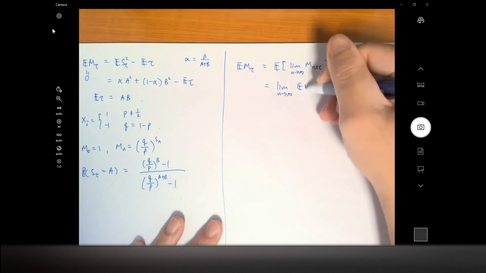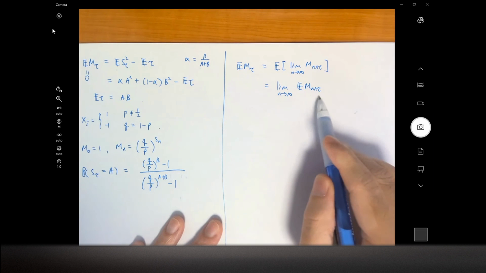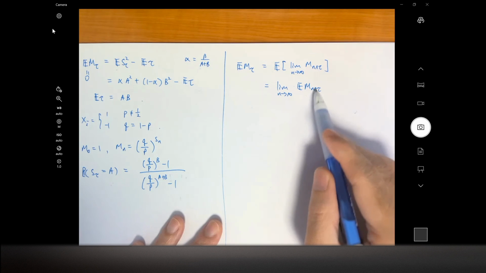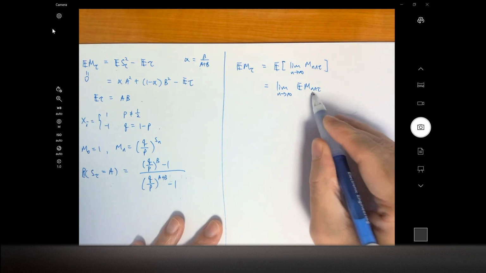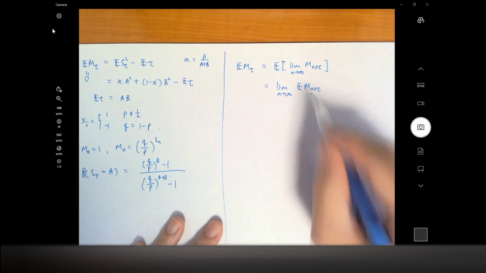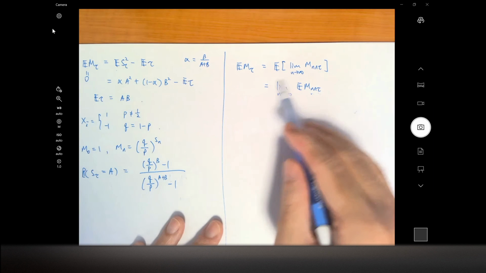Okay, so we have this process, and then from earlier, using the martingale transform theorem, we saw that this guy, taking the minimum between n and tau, is a martingale, right? So that's why we want to bring the limit outside, okay?